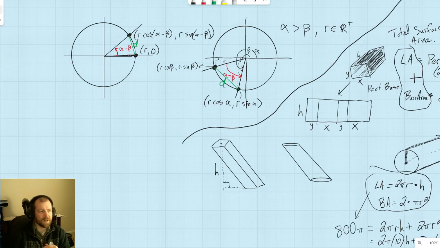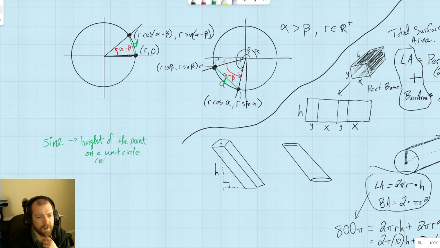Well, you kind of need to understand trigonometry a bit. So the sine function, S-I-N-E, is going to output the height of the point on a unit circle centered at 0, 0.